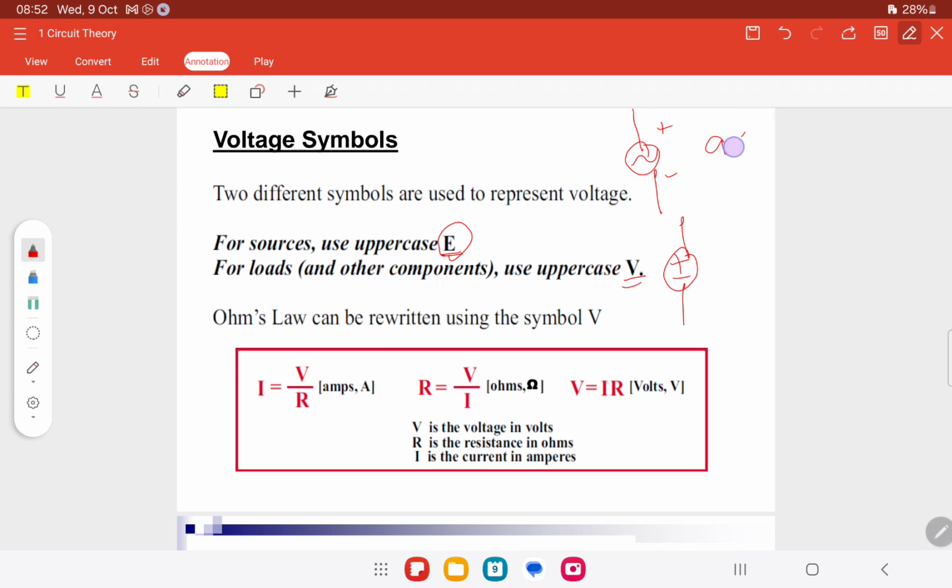Atas AC, bawah DC. Okay, but then in our circuit calculations, kita hanya guna DC. But then kalau you do simulation, then you can use AC because dia akan effect AC biasanya dapat signal macam ni kan, so dia akan effect based on the current nanti.